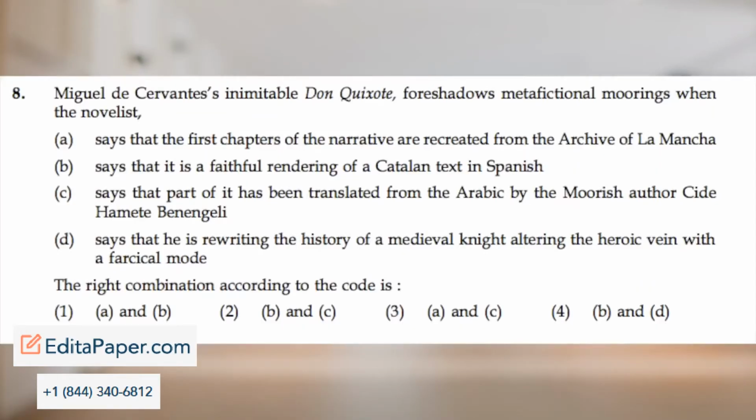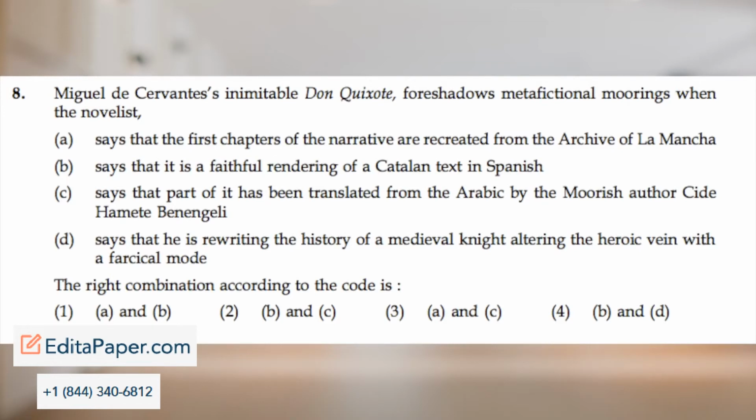Second, it says that it's a faithful rendering of a Catalan text in Spanish. Guys, faithful means a very accurate copy, so it is not metafictional. Third says that part of it has been translated from Arabic by the Moorish author Sidi Hamete Benengeli. See, he's saying that part of it has been translated.